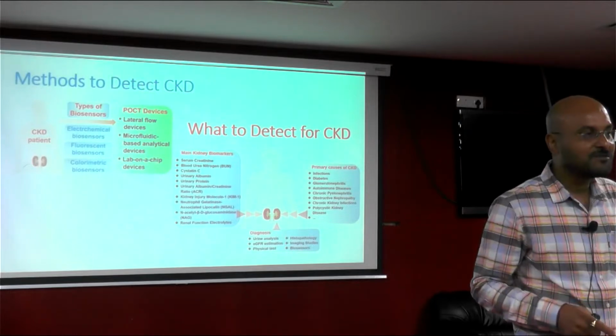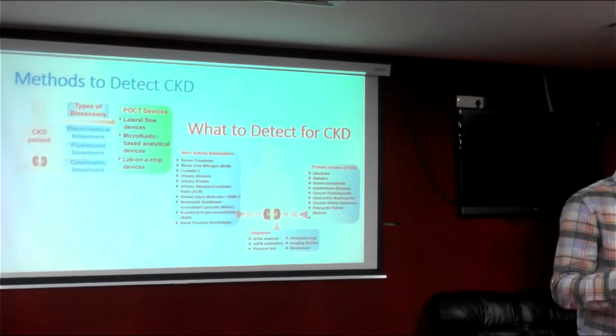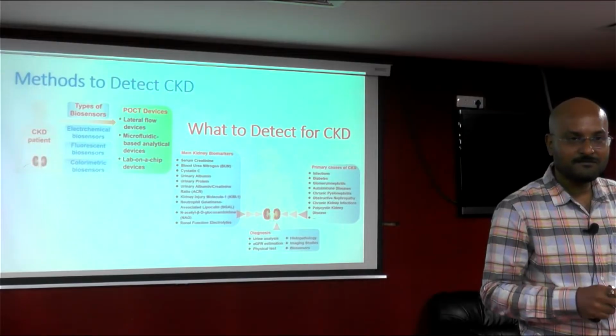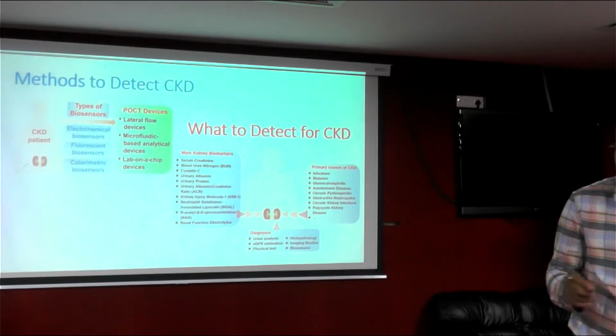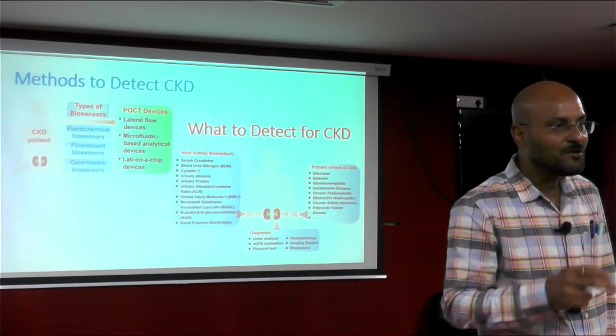The second option is, before going for this transplant or treatment, if you can detect the kidney problem beforehand, with some kind of sensor which will give you information that you have an initial kidney problem.